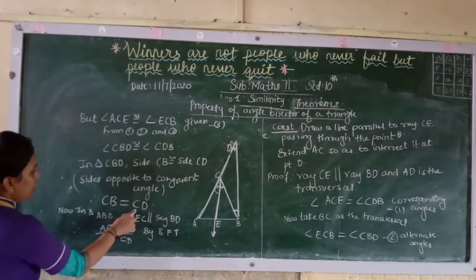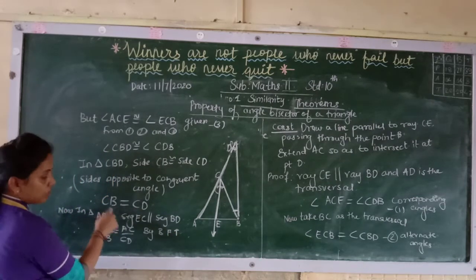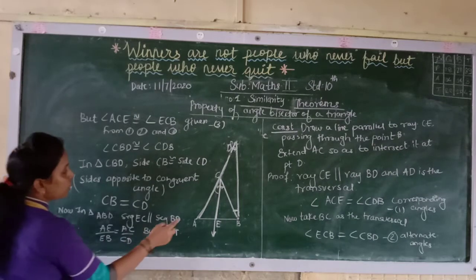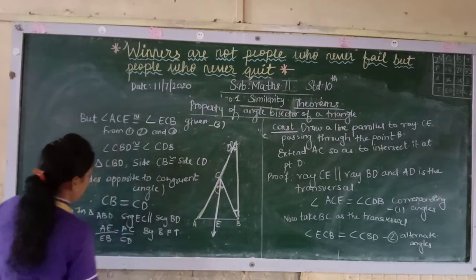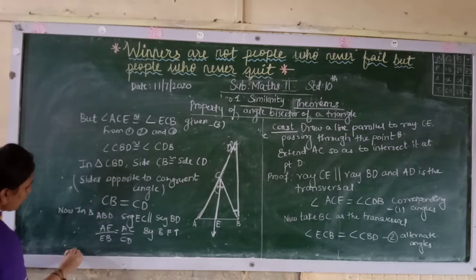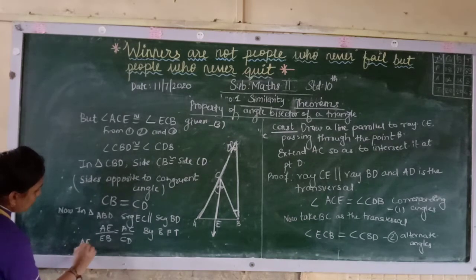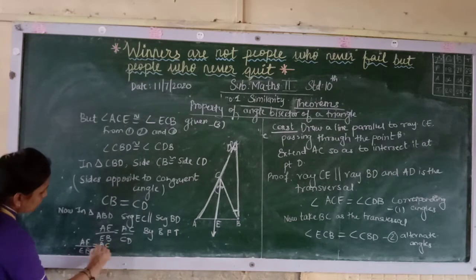But if you see here, CD is equal to CB. So instead of CD you have to put here CB. So you will get therefore AE upon EB is equal to AC upon CB.